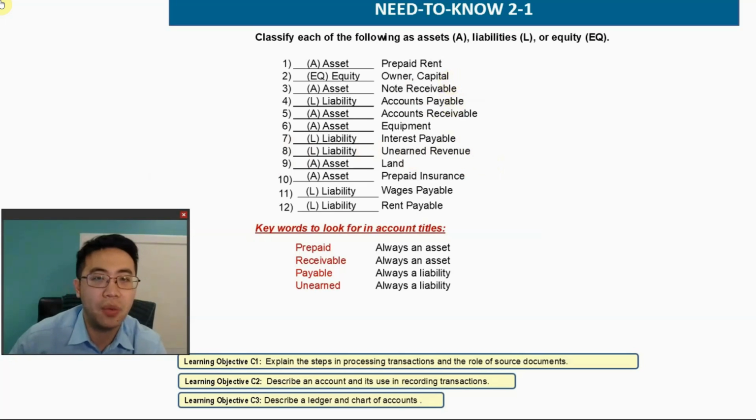You have owner's equity, and you also have equipment, that's an asset. You also have prepaid insurance. Let's say you should pay your insurance on a monthly basis, but you just paid 24 months of insurance all at once. Then that insurance is your asset. So you don't have to worry about paying later. It's like you save money in the future.